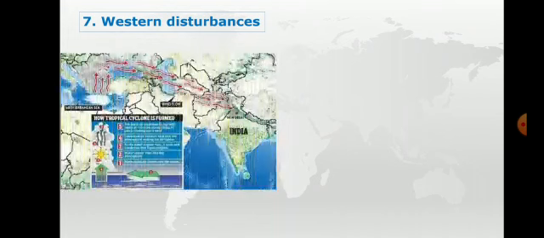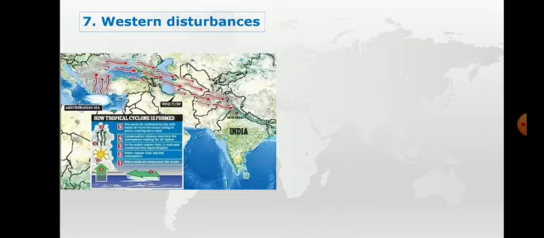Next we'll see the western disturbances. As you see in the picture, in the Mediterranean region a cyclonic effect is happening, isn't it? Due to which North India gets rainfall in the winter season.